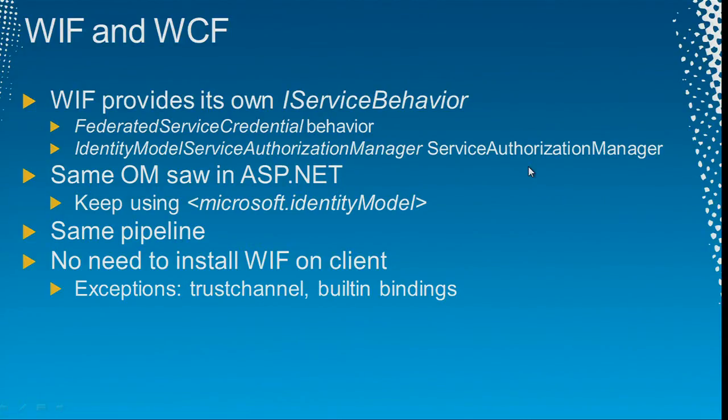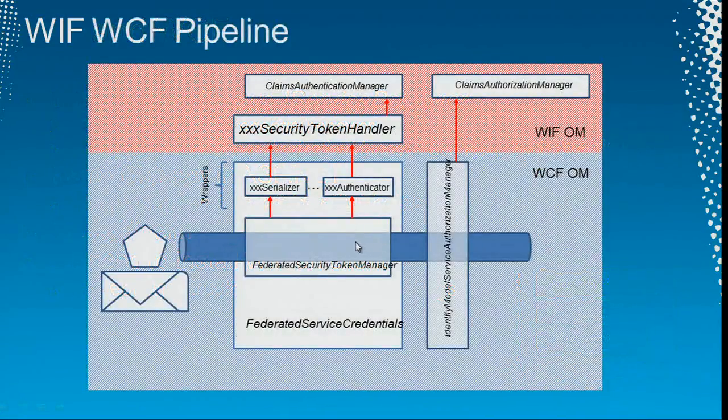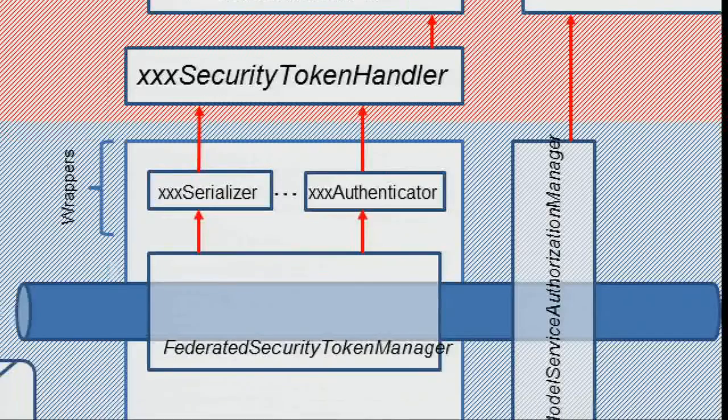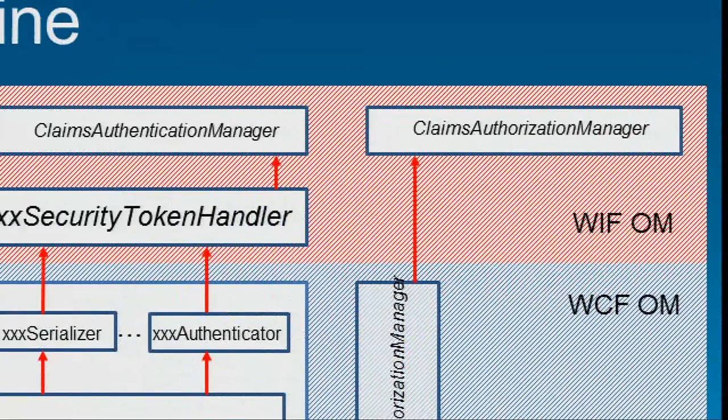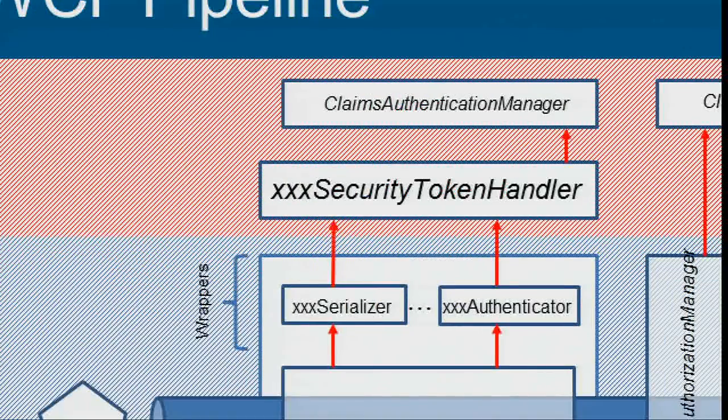Instead, WIF gives you one single class, the security token handler, which governs everything. And in fact, here, again, you can ignore it for the most part. The important thing is that, as you can see here, the security token handler, which is already in the WIF object model, is something which is used for facading the WCF underlying.